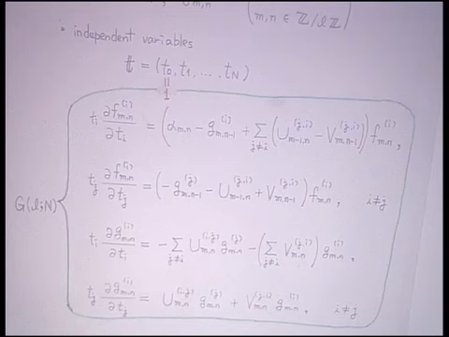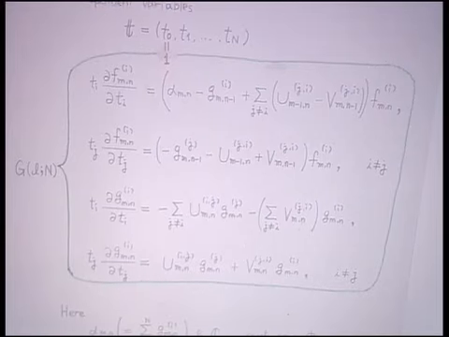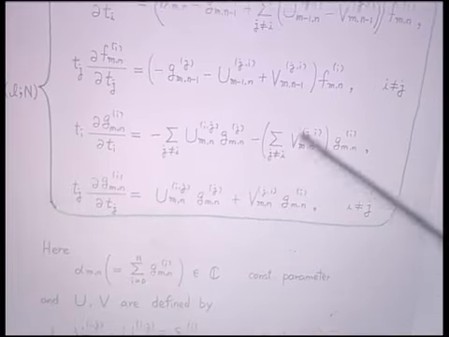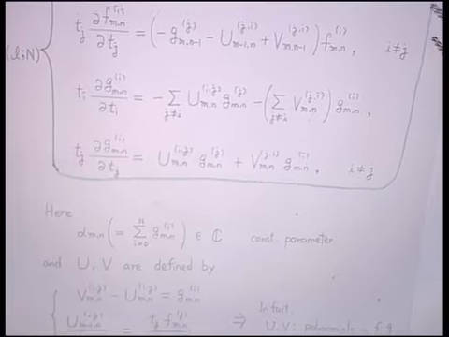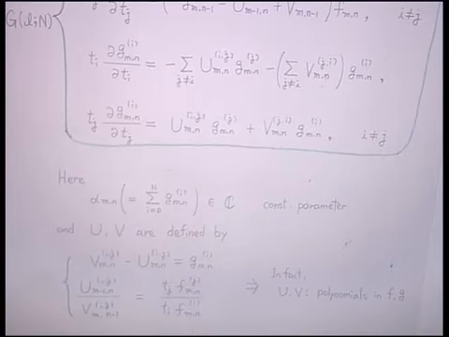So if you solve this linear equation, then naively you imagine U and B are rational functions in f and g. But in fact, U and B are all polynomials in f and g. So this is a generalized Garnier system.